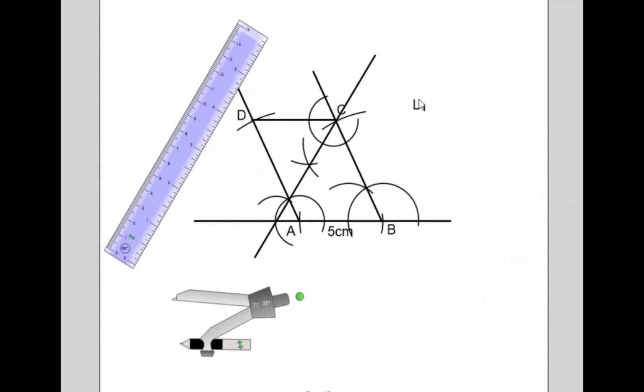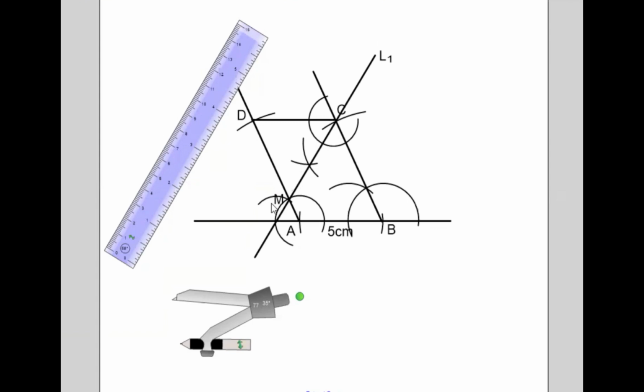And we are told that this L1 will meet AD at point M. That means this is AD, and this place is point M now. So we can quickly indicate that point M and put our M here. M is at this point.